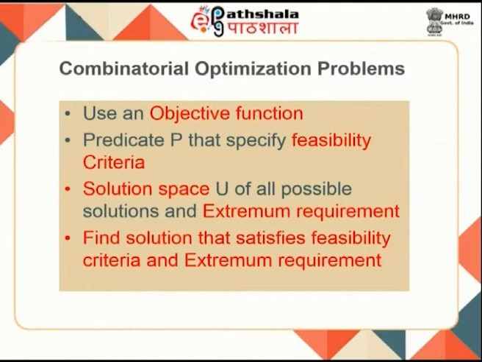In other words, a problem can have multiple solutions called feasible solutions, and the solution that satisfies the extremum requirement and at the same time satisfies the feasibility criteria and at the same time maximizes or minimizes the given objective function is what we call the optimal solution.